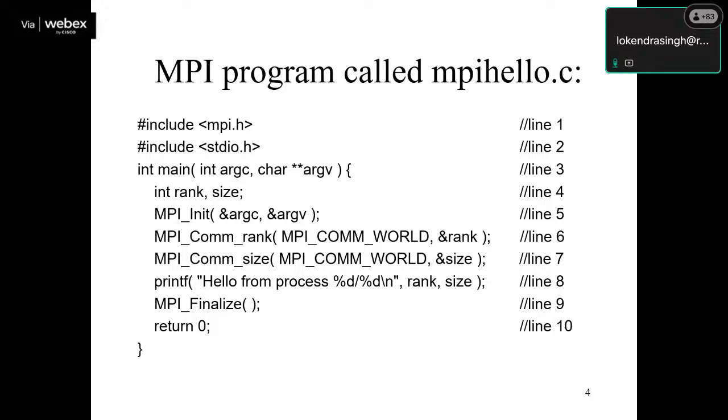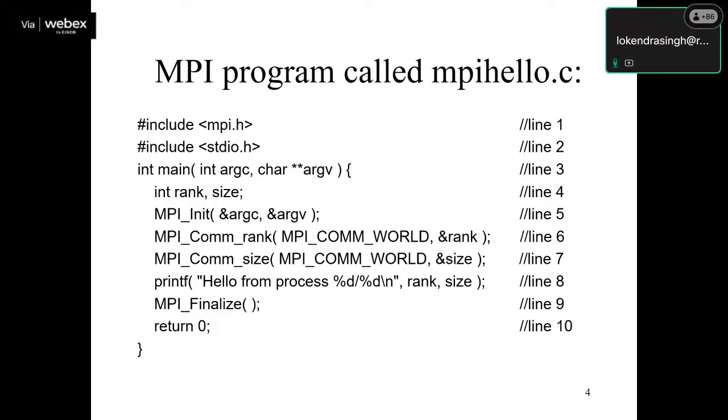Actually, suppose you are using Core i3. It means you have 4 processes, starting from 0 to n minus 1. So Core i3 means you have processes 0, 1, 2, 3. Then MPI_Finalize, which will close the environment of the MPI program.